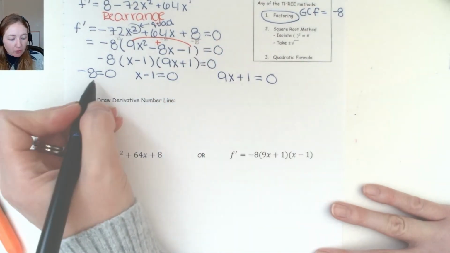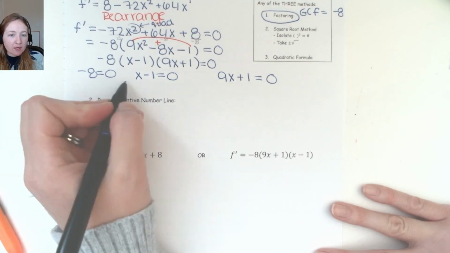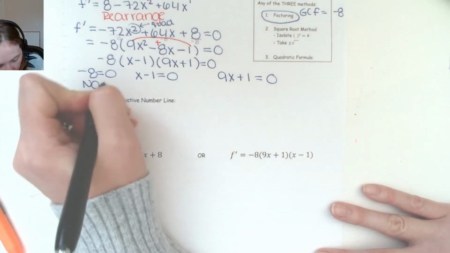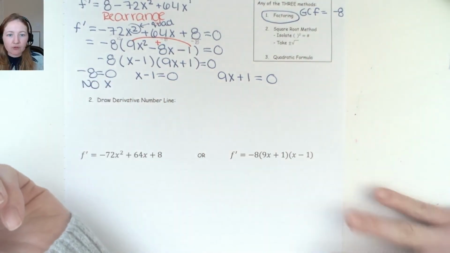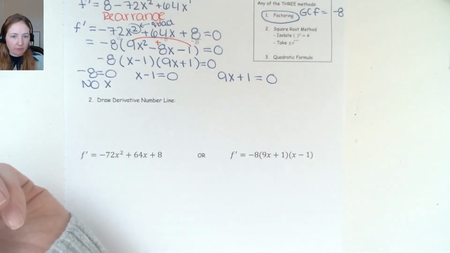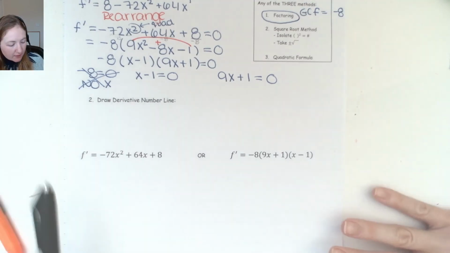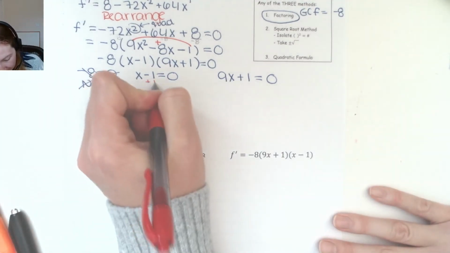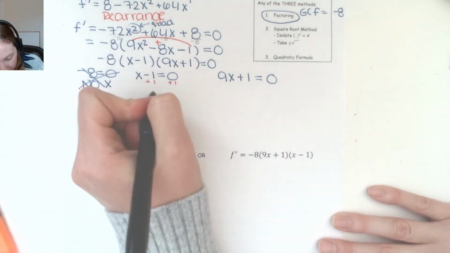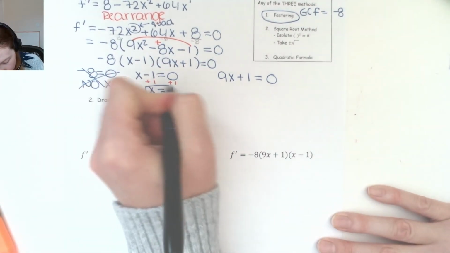Now, be careful with this first factor. -8 equals 0. There's no x there to solve, so nothing is going to come from that. You're going to completely ignore that in terms of coming up with a critical number. For x minus 1, I add 1 to both sides and get x equals 1.